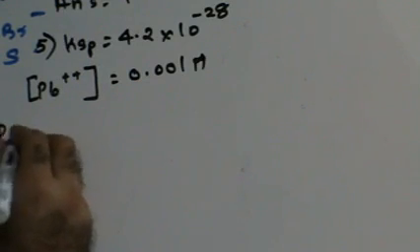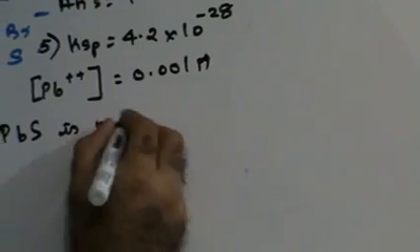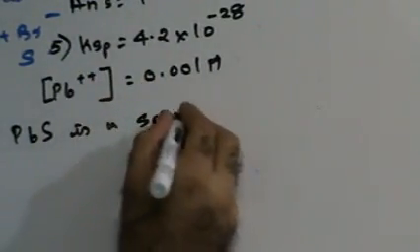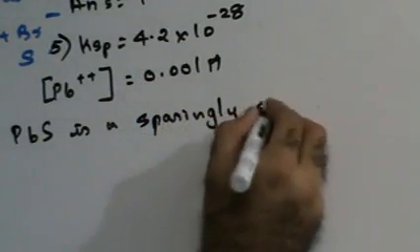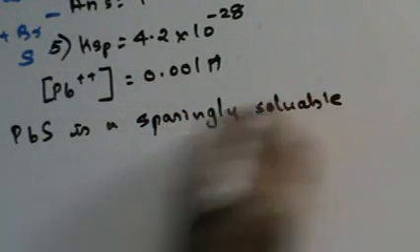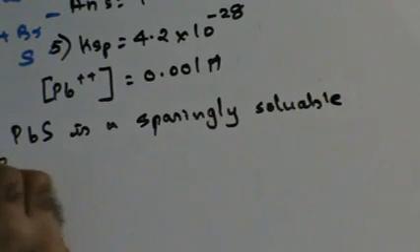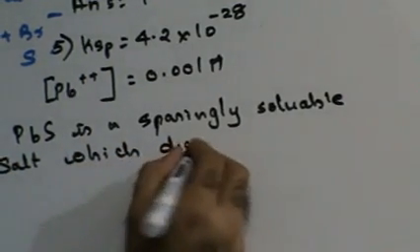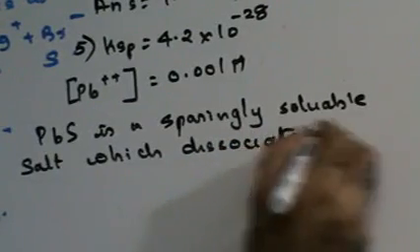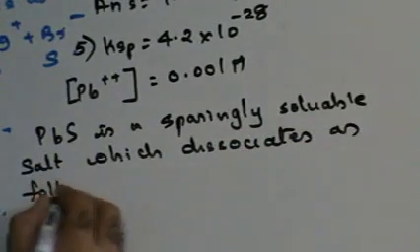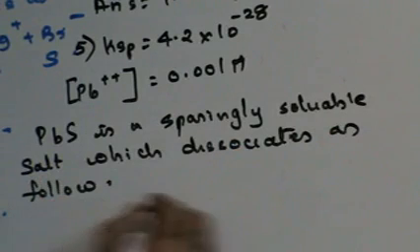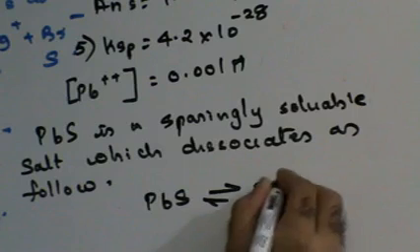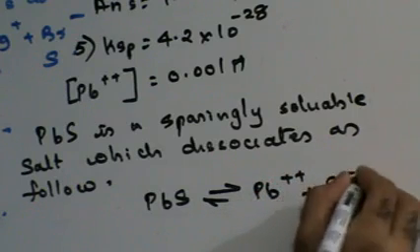Now, I can say that lead sulfide is a sparingly soluble salt which dissociates as follows. PbS will dissociate reversibly to give you Pb++ plus S minus 2.